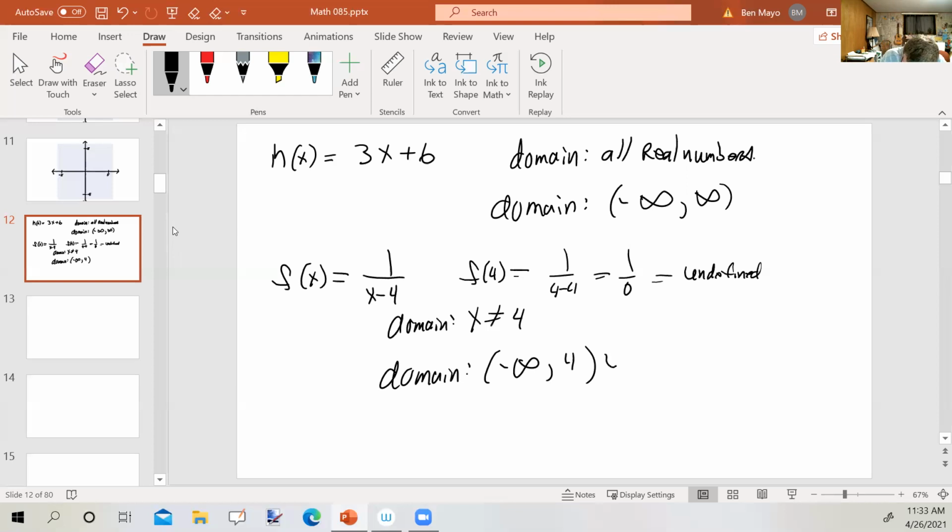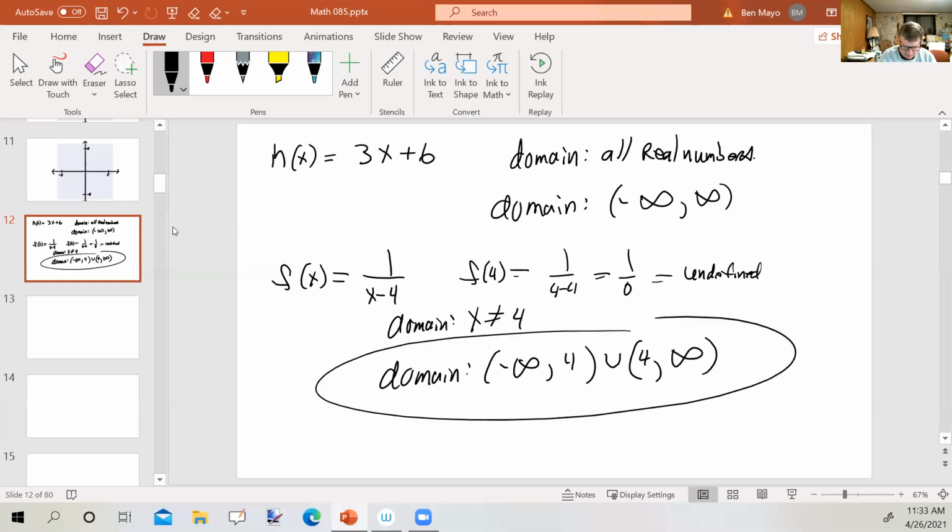Then I'm going to skip over and have the union of after 4 up to infinity. So that's all real numbers except for the number 4. Again, the parentheses means we don't include the number 4. Okay, so this is how you'd write the domain in interval notation, which is what you're going to be using here. All right, let's take a look at another example.